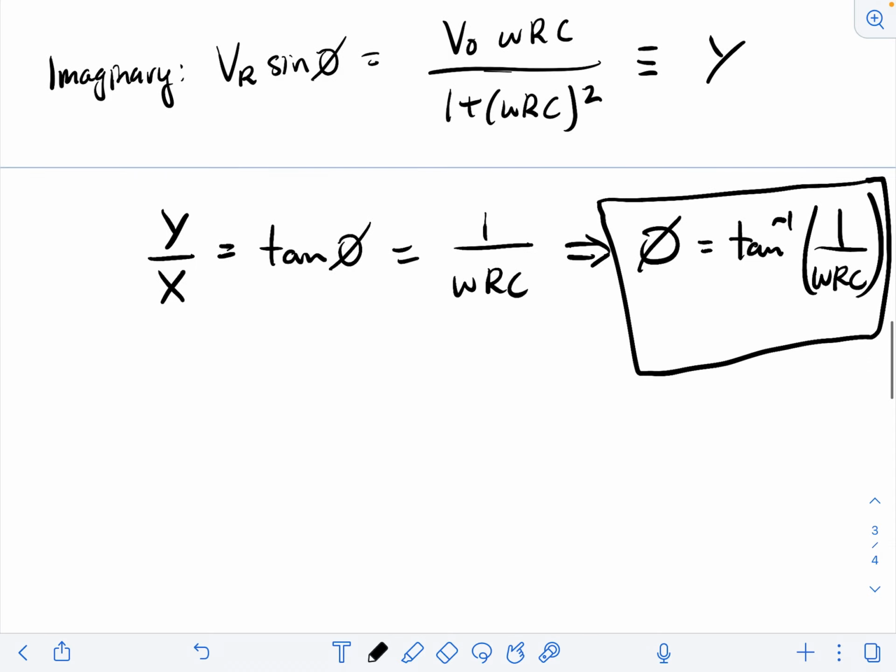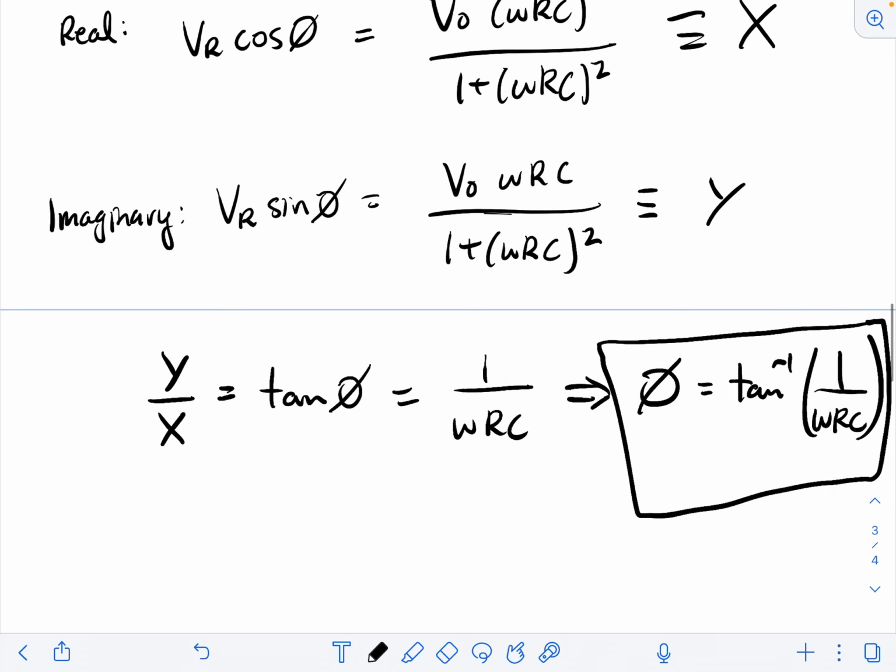All right. The next thing we could do is evaluate x squared plus y squared and ultimately take the square root of that. If we look here, x squared is going to be VR squared cos squared phi. Y squared is going to be VR squared sine squared phi. So we'll get a cos squared plus a sine squared, which is going to be 1.